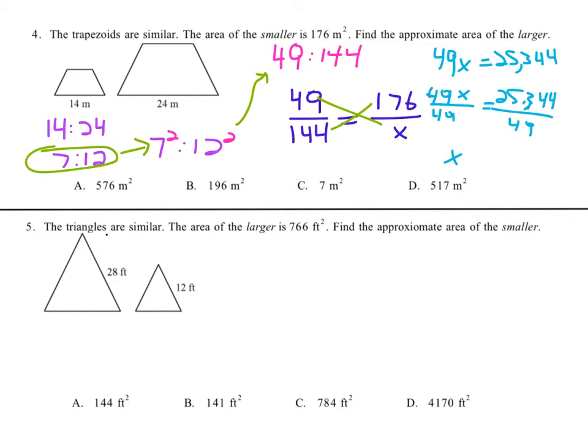So this will be an approximate area, approximately equal to 517. Where do we see that area? That is D.